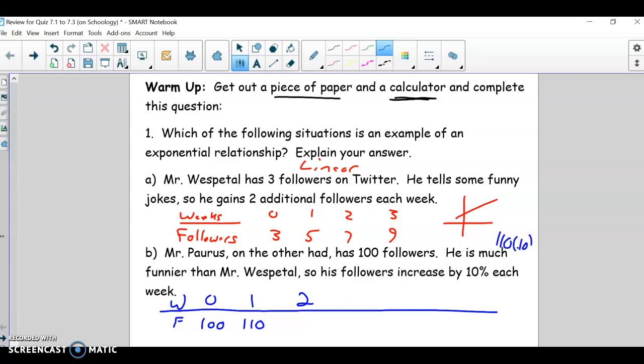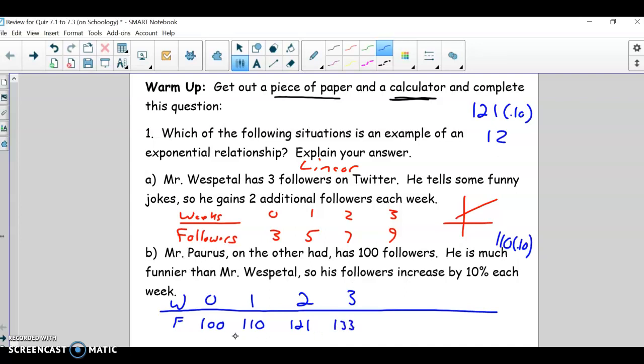If you use a calculator there, that gets you 11 additional followers. So now he's going to be at 121. Then the next time he's going to have 10% of 121, which is about 12.1, so maybe we just round it to 12 new followers. So it'll be something like 133.